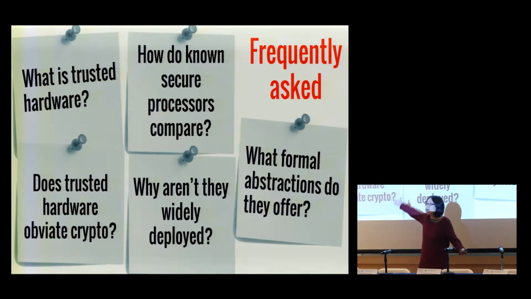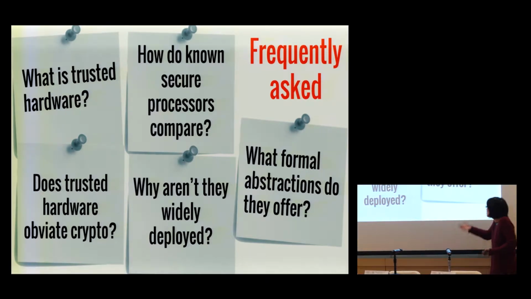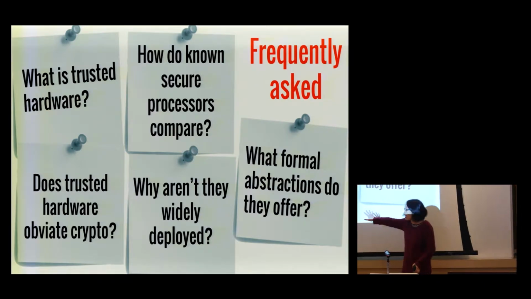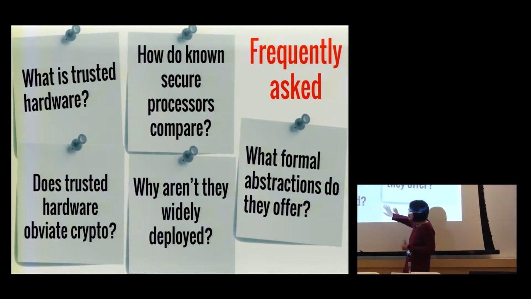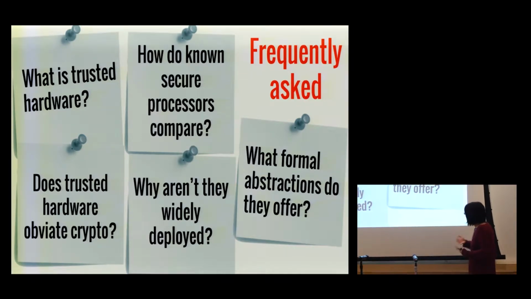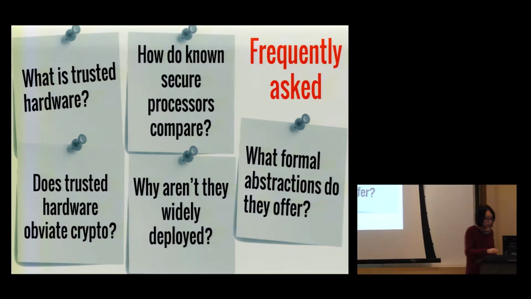Can we just use trusted hardware to do things like secure multi-party computation, homomorphic encryption, and so forth? Since there has been so much work on trusted hardware, why haven't they been widely deployed in real-world applications? What's wrong, and what do we need to do to make it right? And also, what formal abstractions do they offer?